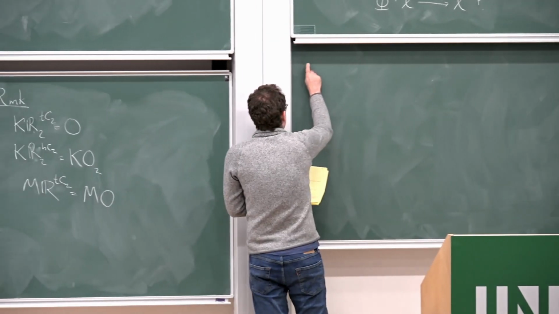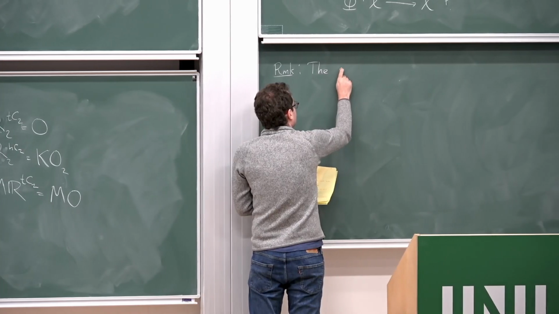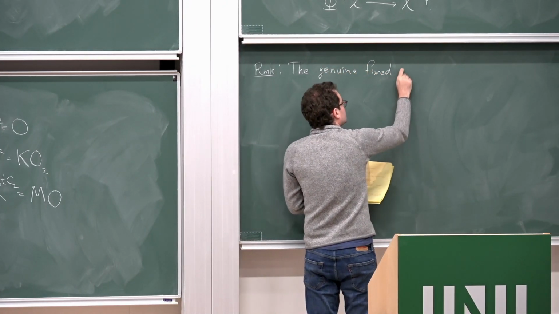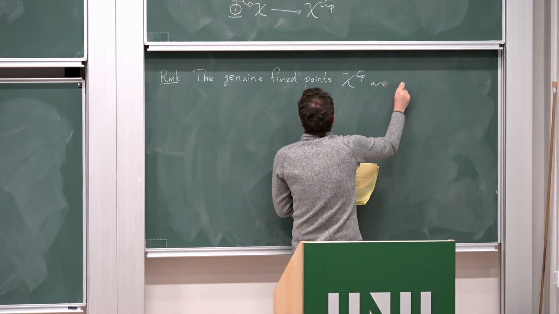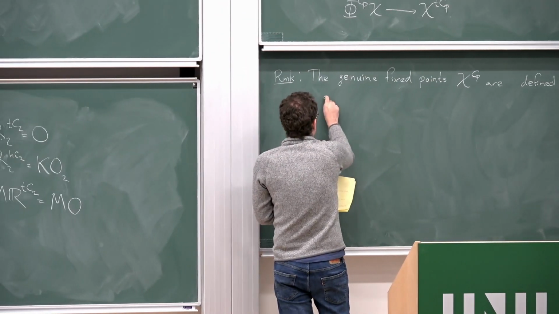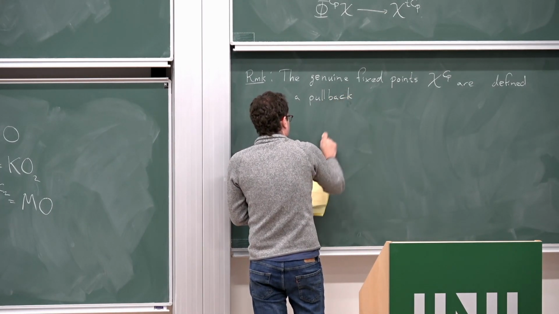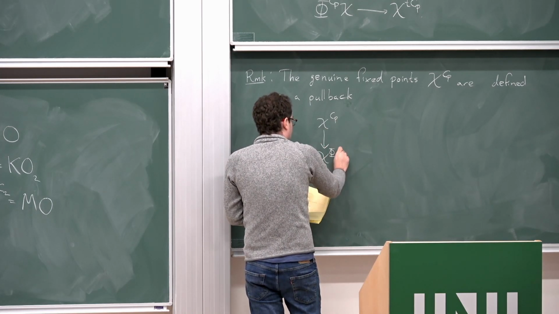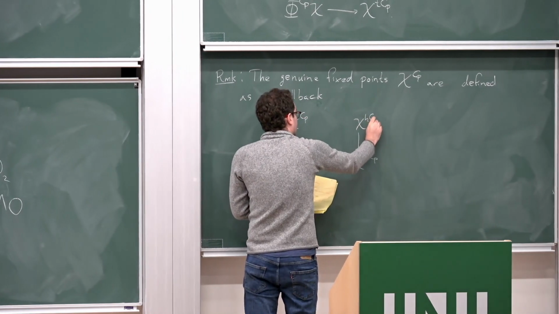Okay, and from this, one defines the genuine fixed points as a pullback of this diagram involving the geometric fixed points, the Tate fixed points, and the homotopy fixed points.